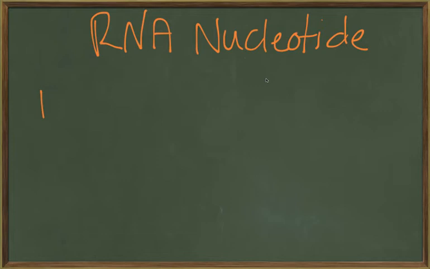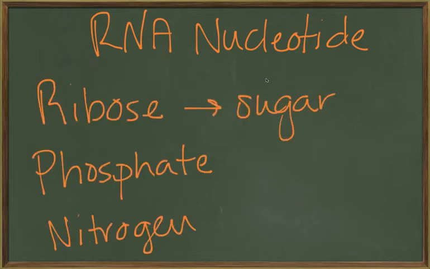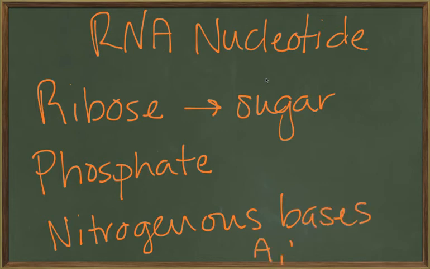You'll still have a phosphate group, and you'll still have nitrogenous bases. So your bits are still roughly the same. You just have minor differences in that. With your nitrogenous base, you're now dealing with A, U, C, and G. You no longer have T involved.